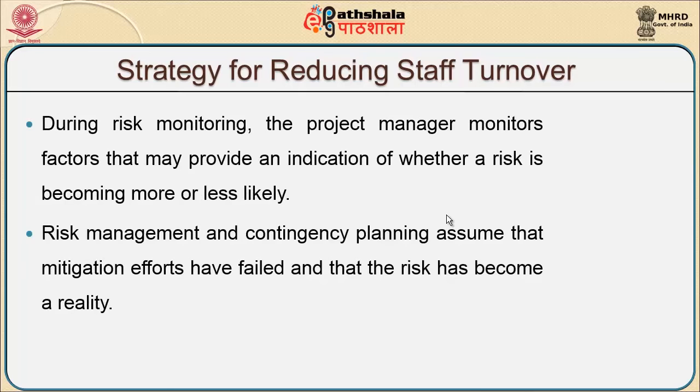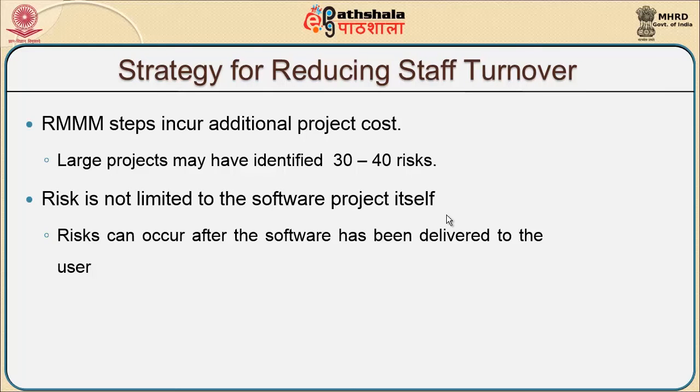During risk monitoring, the project manager monitors various factors that may provide an indication of whether a risk is becoming more or less likely, and we try understanding the contingency plan, assuming that the mitigation efforts have failed and that the risk has become reality. Here comes the strategy of RMMM, which means risk mitigation, monitoring and management steps that incur additional project cost.